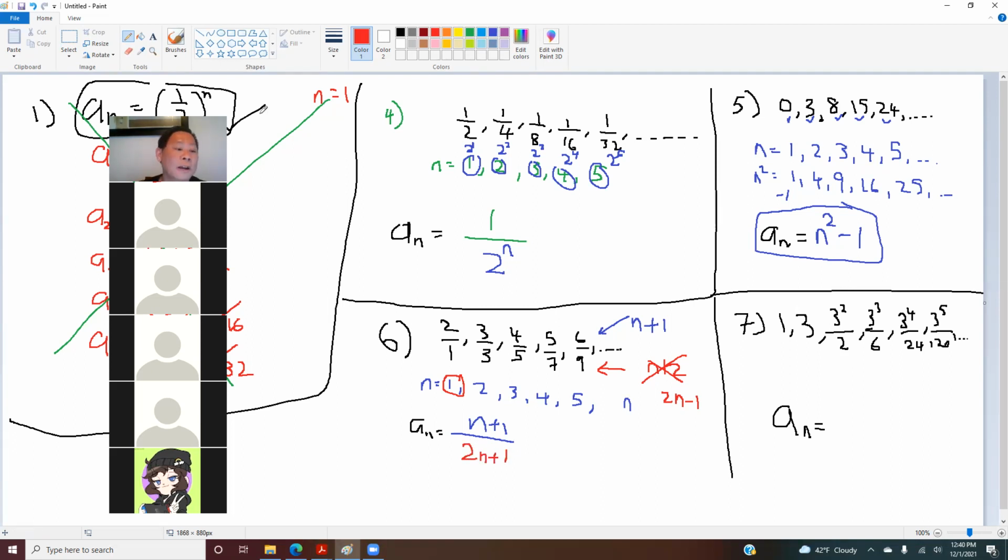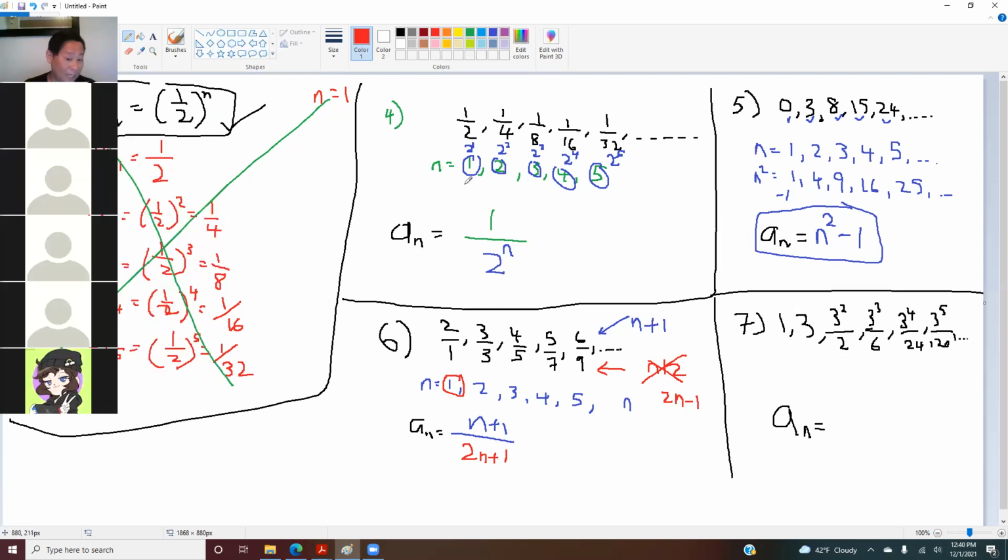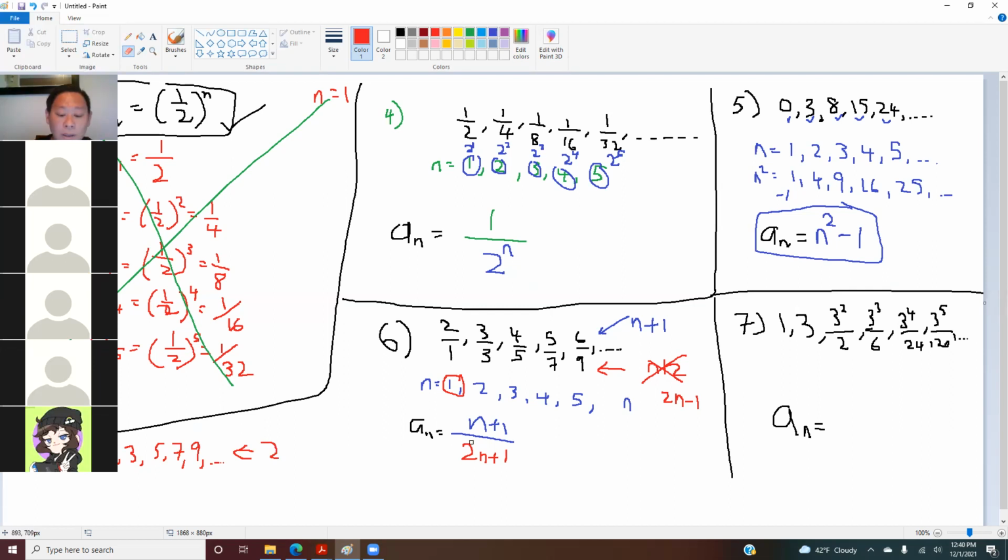Okay. So here is the hint. There are some hints I want to point out to you. If you have odd numbers, 1, 3, 5, 7, 9, and so on, an odd sequence, your term in this case is always 2n minus 1. It's always that way.